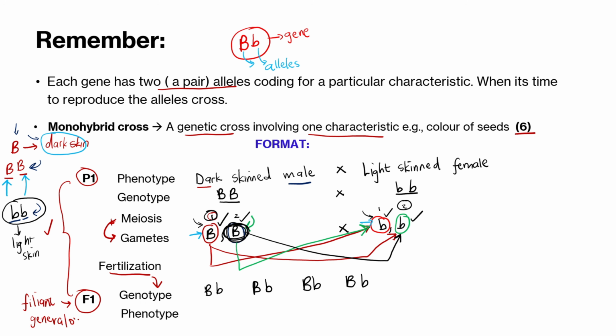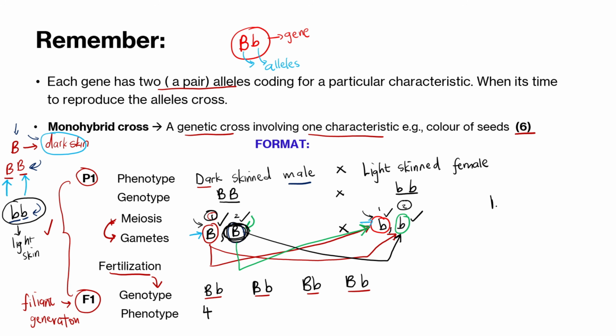Now, if you are going to do a genetic cross, it's possible for you to get this zygote or this zygote or this zygote or this zygote. But in this case, all of them have the same genotype. So basically here, to interpret, we have got 4 things having the same genotype. What is the phenotype for this genotype?